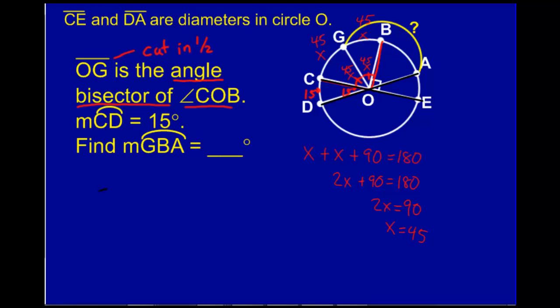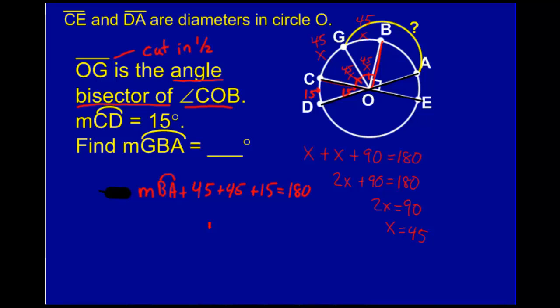The measure of arc BA plus 45 plus 45 plus 15 equals 180.